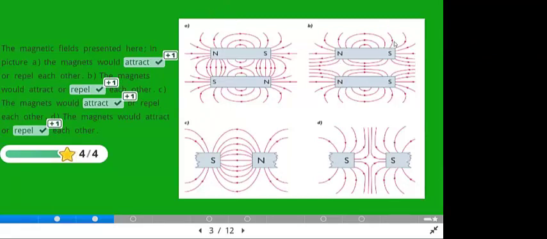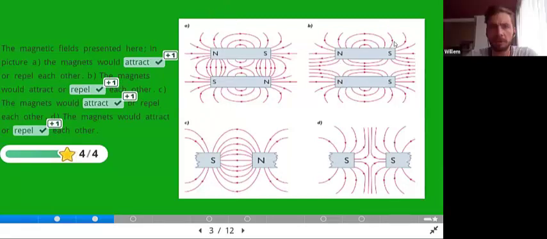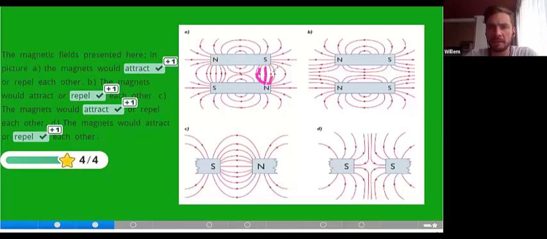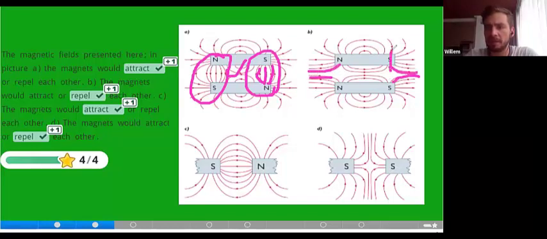If we look here, you can see the magnetic field lines. The north and the south poles would attract each other. Here you can see the magnetic field lines pushing away from each other. This means that the magnets would repel each other.